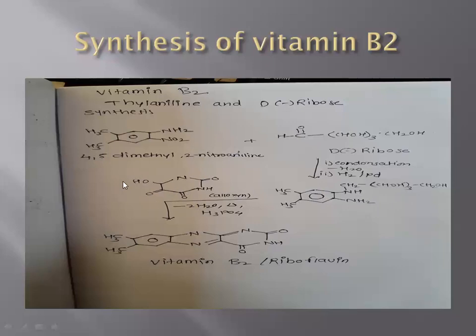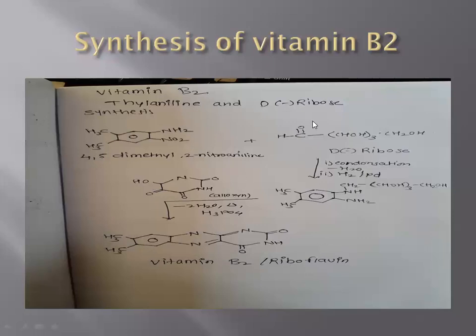So our two water molecules are removed from the adjacent carbon atoms, and these two nitrogen atoms will attack on this and this carbon atom. Finally we will get one product, which is nothing but our vitamin B2, called riboflavin. And this one is your synthesis of vitamin B2 with the help of D-ribose.